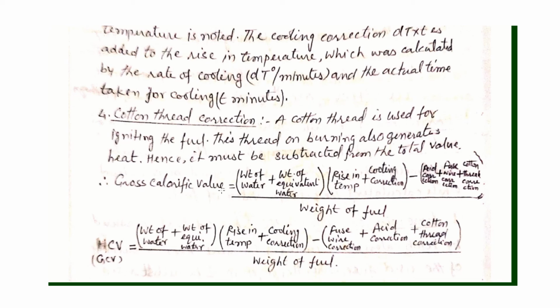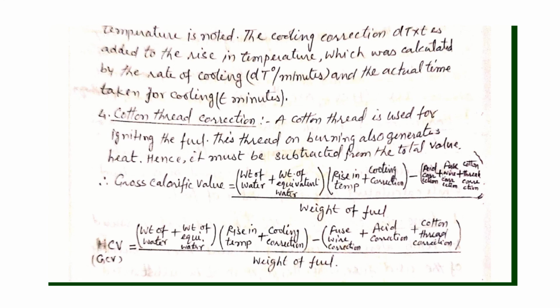Therefore the gross calorific value, or higher calorific value, by the final formula, is: weight of water we are taking in the calorimeter plus weight of equivalent water, which is equal to the heat absorbed by the calorimeter and Beckman thermometer, into the rise in temperature, the temperature difference T2 minus T1, plus the cooling correction, dT into t.